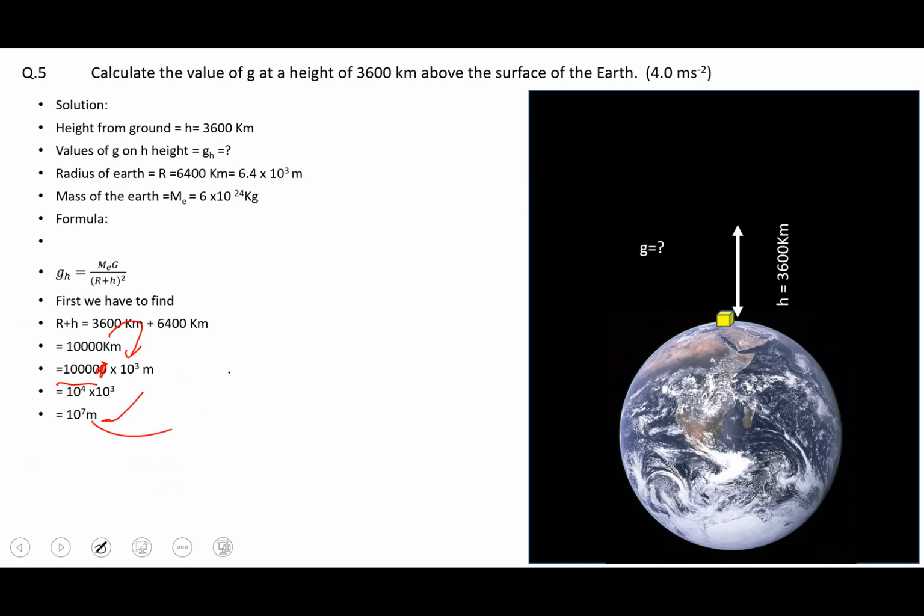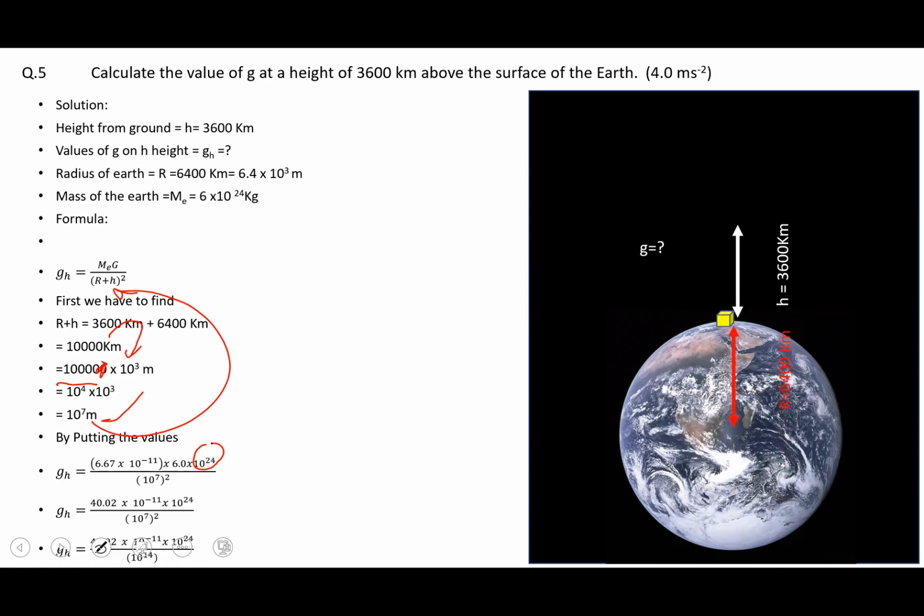So putting this value of R plus h in this formula, we get g is equal to 6.67 into 10 to the power minus 11, into 6.0 into 10 to the power 24, which is the mass of the earth, divided by the value of R plus h, which is 10 to the power 7, whole squared. We get 40.02 into 10 to the power minus 11 into 10 to the power 24, divided by 10 to the power 14, because we are taking the square of 7.